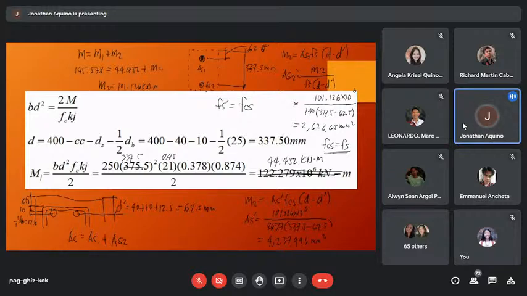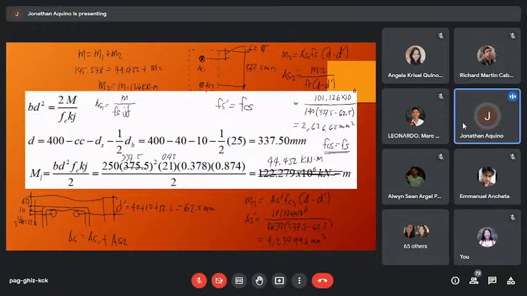So your total AS tension, AS is just simply equal to AS1 plus AS2. Okay. Nasolve natin yung AS2. But what is AS1? So AS1 is just simply M divided by Fs times JD.